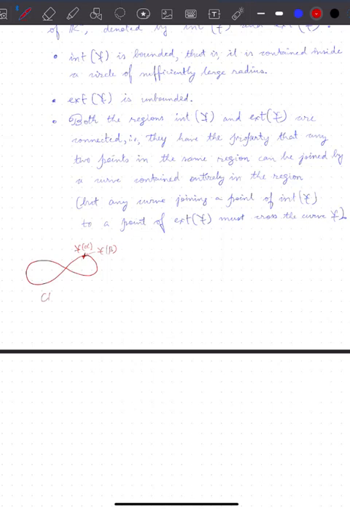So we start from here and trace along this line, and here's a unit speed curve, which means we have the arc length parameter defining this curve. So s will be equal to 0 here, and then s increases along the curve. So this is an example of a closed curve.